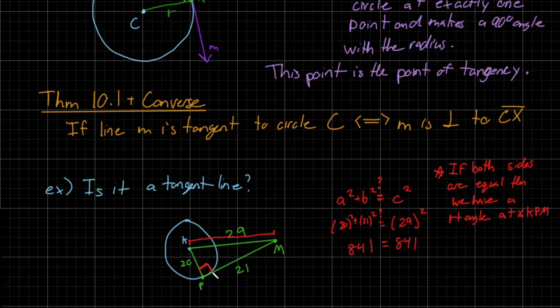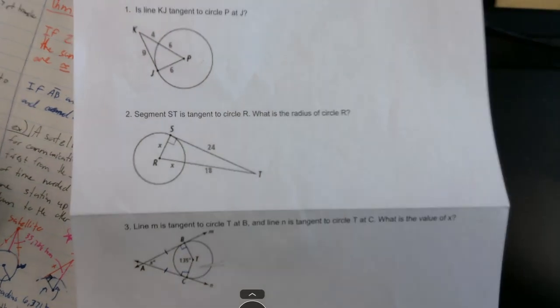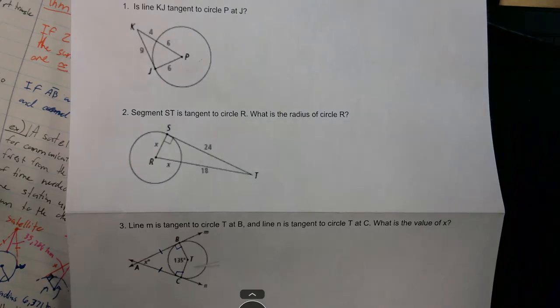Do 1, 2, and 3. Yeah, I'm just going to show this to Drew, and then we can take it. Drew, these are the 3 problems that you have. Okay, that's it.